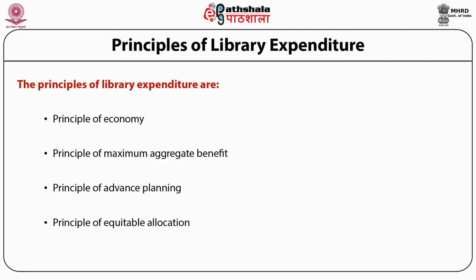The decisions pertaining to libraries' priority too are required to be taken into account all the time, and it has to be not just on an annual basis but carried out as an ongoing regular activity. So therefore, libraries have to ensure that the principles of economy, advanced planning, and equitable allocation are carried out, besides achieving maximum aggregate benefit for whatever is acquired for the libraries.